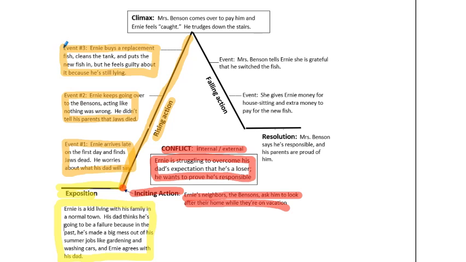Now, some people might say, wait a sec, this is the climax of the story, because this is the place where he's really actually taking some responsibility and showing that he can do this. But he's still hiding the fact that he's switching out the fish from his parents, and when he looks at the fish, he thinks the fish is telling him that he should feel guilty because he's still lying.